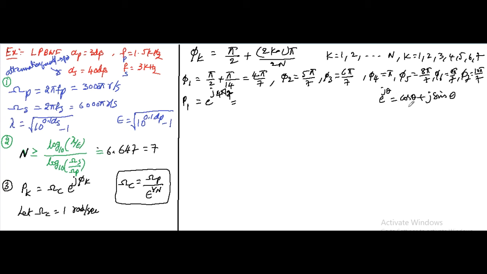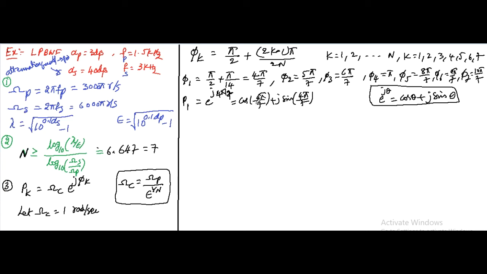Cos theta is the real term and sin theta is the imaginary term. So use cos of 4 pi by 7 plus j sine of 4 pi by 7. Here I am writing the standard procedure for one pole, and similarly you have to find the remaining poles, because here we have to apply this formula 7 times.